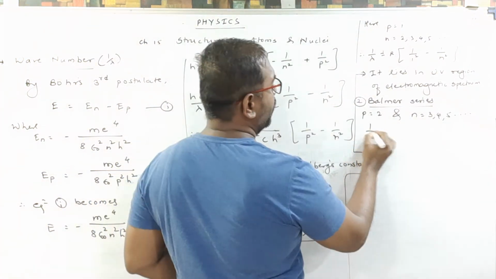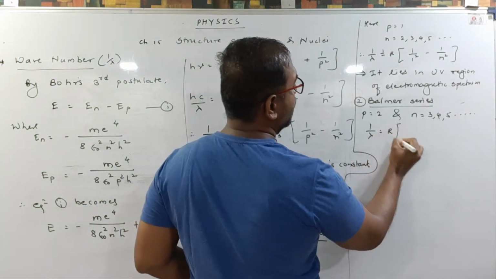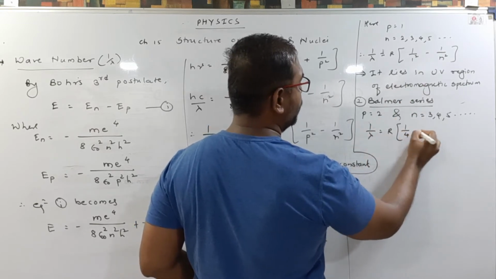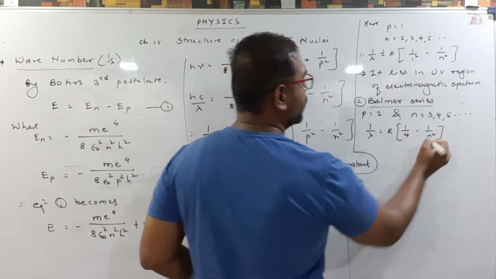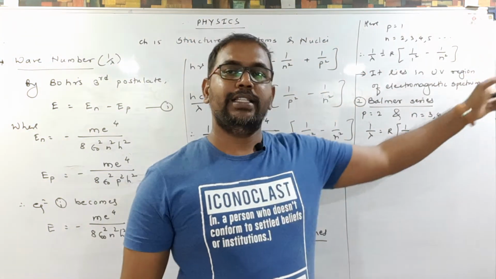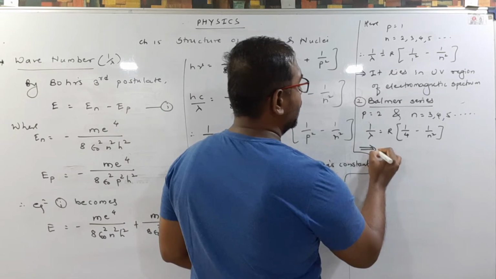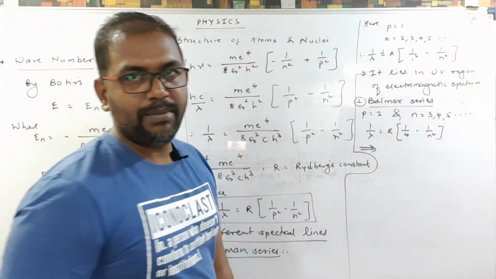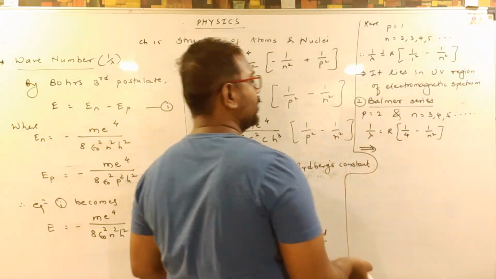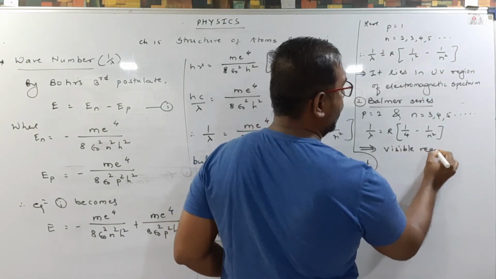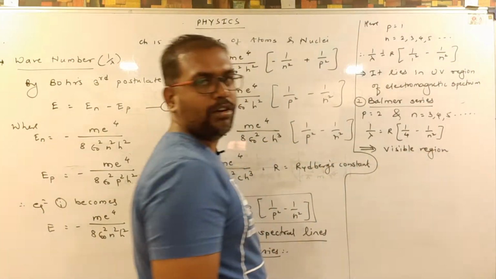Then 1 by lambda is equal to R, 1 by p square, p is 2, so 1 by 4 minus 1 by n square, n may be 3, 4, 5, 6 and so on. If we substitute these values, we get a wavelength of visible light. So this Balmer series lies in the visible region of the electromagnetic spectrum.